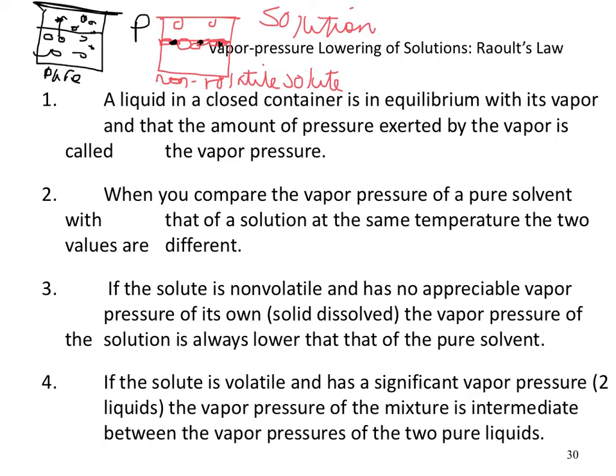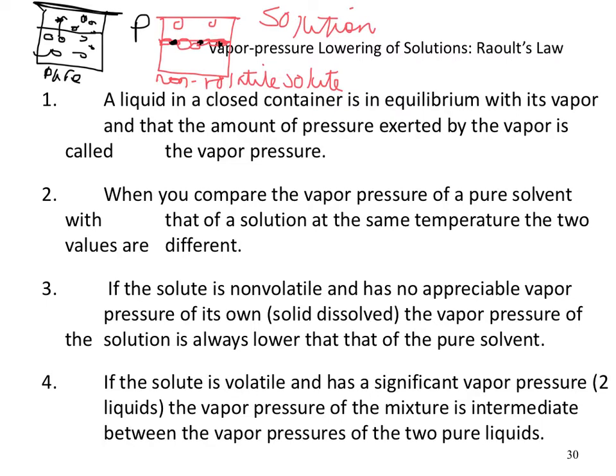And if that is true, then one can suggest that the non-volatile solute that we have added is able to interfere with the ability of the solvent particles to vaporize, because of course they are going to occupy some of these positions.